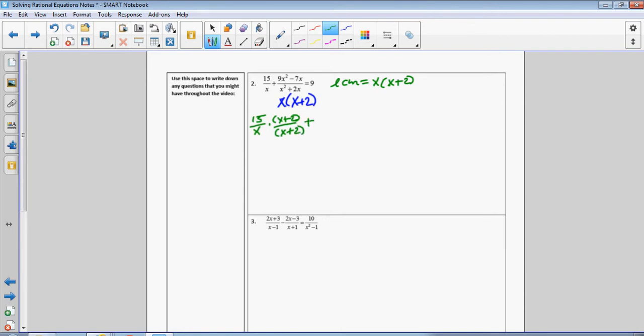The second fraction is missing nothing, so it stays the same. And then on the right side of the equation we have a 9, and that also is going to need a denominator of x times x plus 2, so we have to also multiply the numerator.